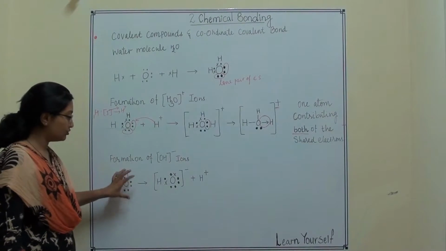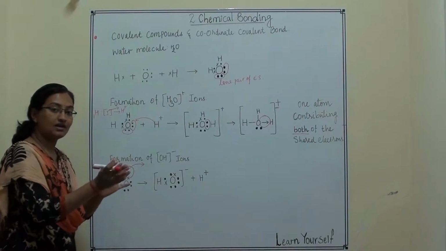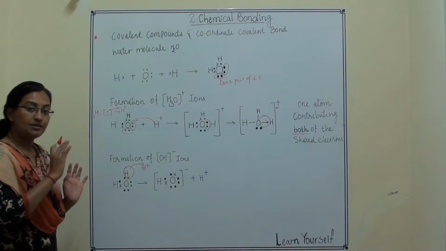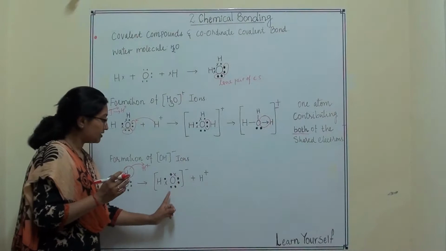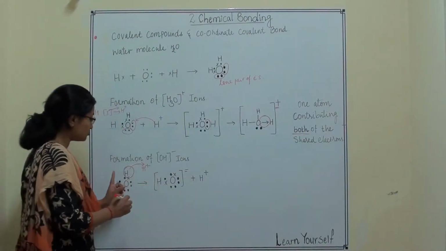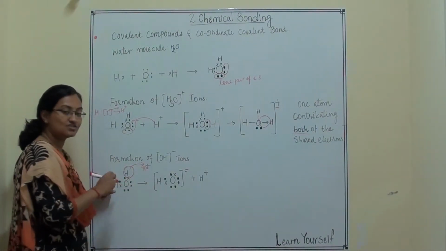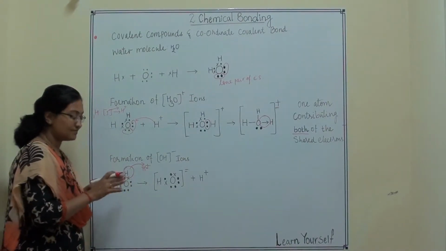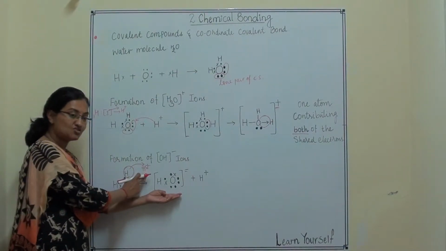From this water molecule, when one hydrogen goes away, this H plus ion breaks a bond and goes away, then a negative charge will be generated on the remaining ion, because when H plus goes, it goes along with the plus charge. It is not taking any electron. Whatever electron it has shared, it leaves along with the hydroxyl ion.